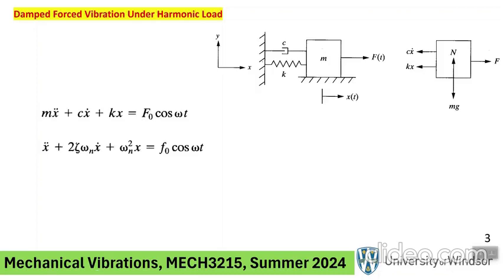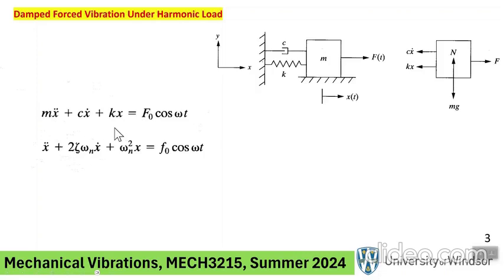Another way of writing this, a very classical way, is to reduce the three parameters of the system, m, c, and k, into two parameters, the damping ratio zeta and the natural frequency. To do that, divide by m, so you get a coefficient 1 here, and you get c over m, which you can write down as this expression.